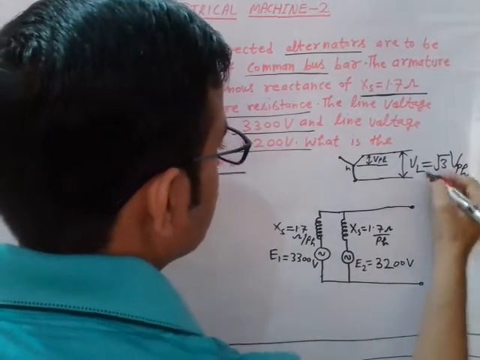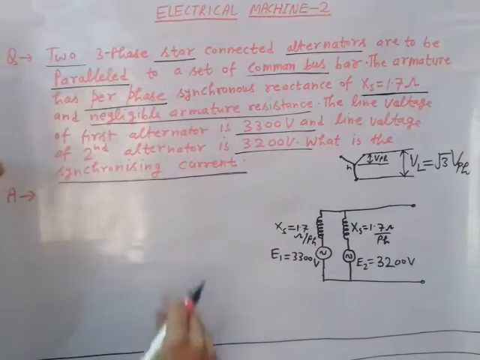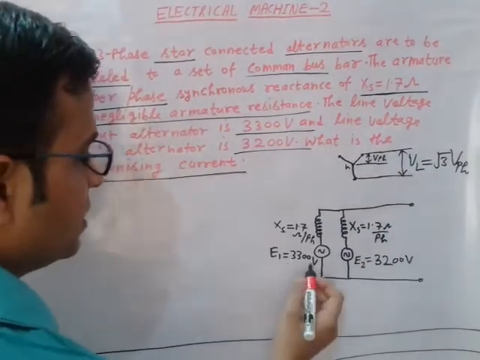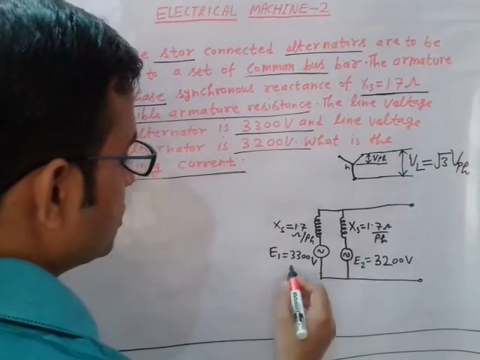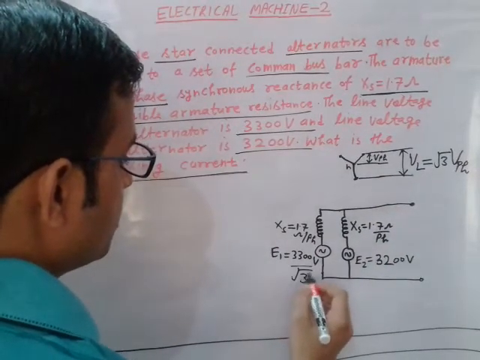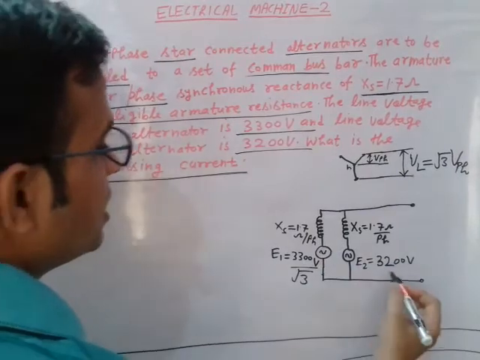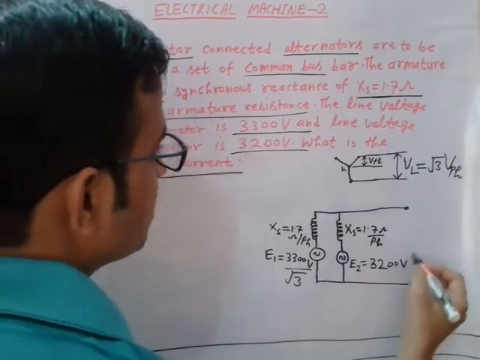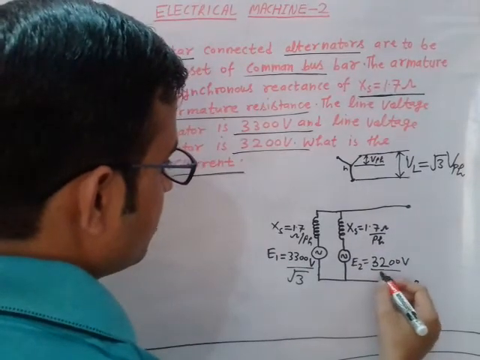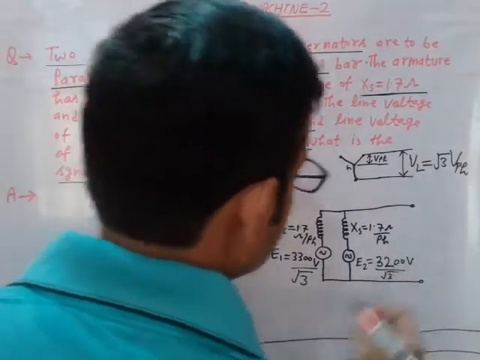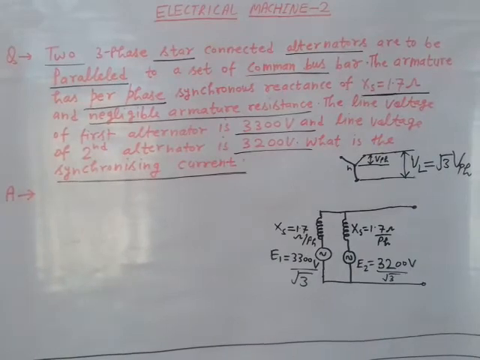If the line voltage is 3300 volts, then what is the phase voltage? Phase voltage is line voltage divided by root 3. Similarly, if 3200 is the line voltage, the phase voltage is 3200 divided by root 3. So these two are the phase voltages.